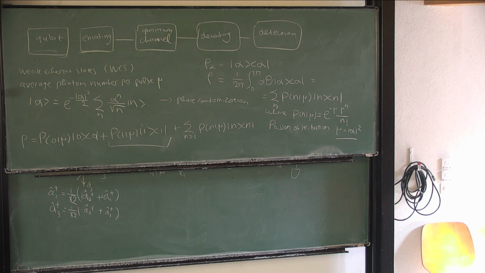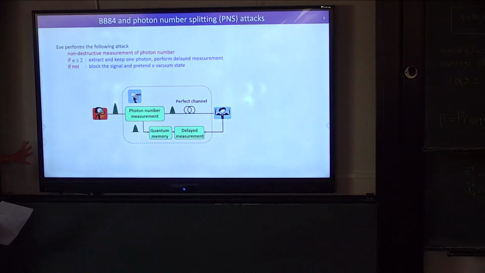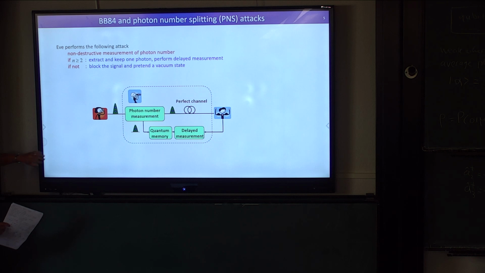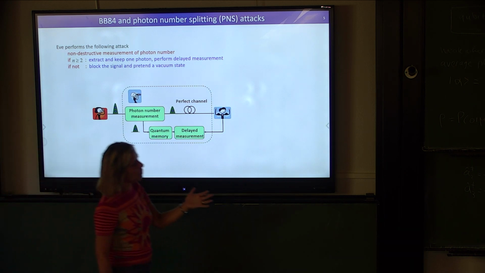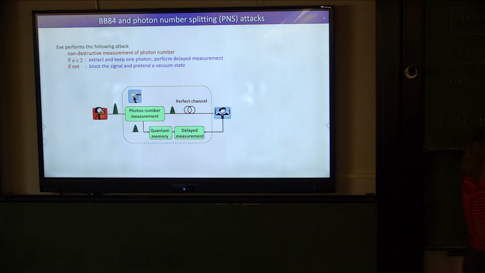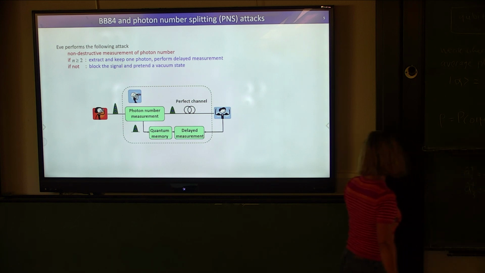This attack can be understood as follows. With some probability given by this Poisson distribution, you can easily calculate, for a certain average photon number per pulse, the probability of having two or more photons. With some probability, you are going to have multi-photon pulses.